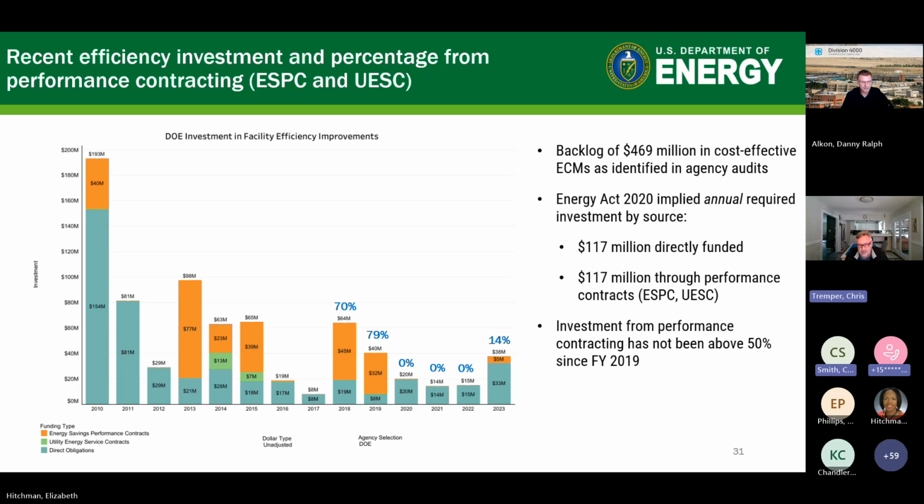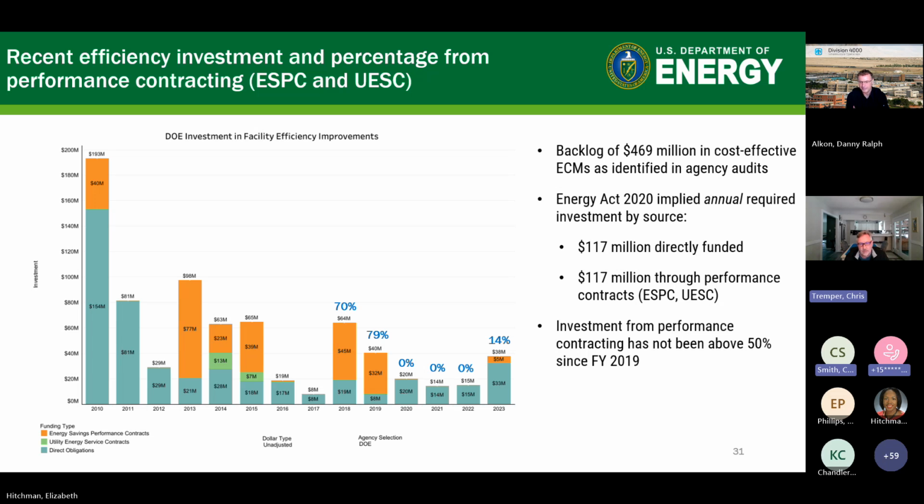Half of that, $117 million, should be direct funded according to the requirement. And the other $117 million or more should be implemented through performance contracts. So that just gives you an idea of what the amendment is asking for in terms of implementing that. And you can see where we are here now.